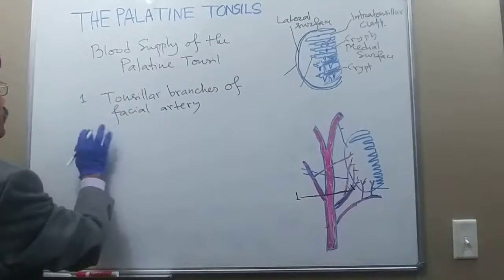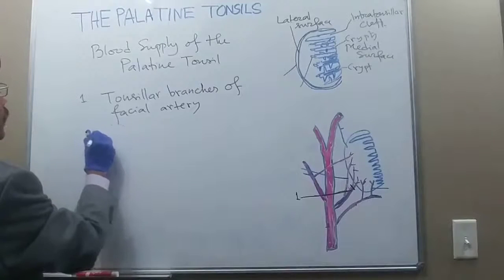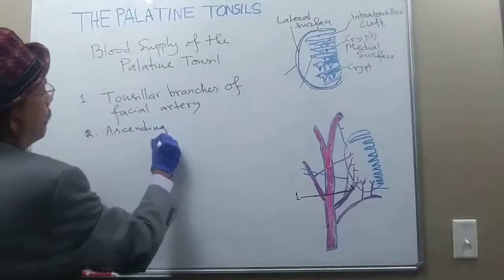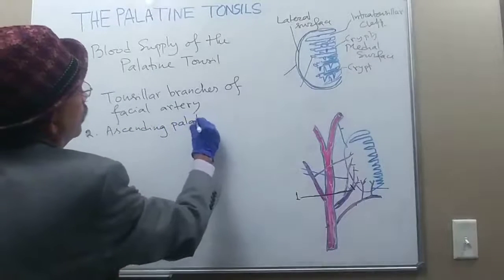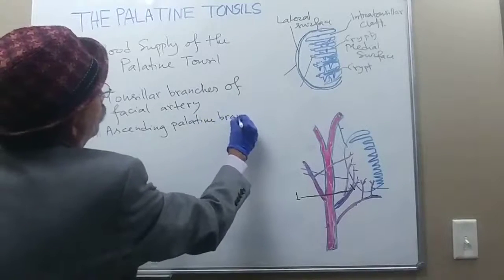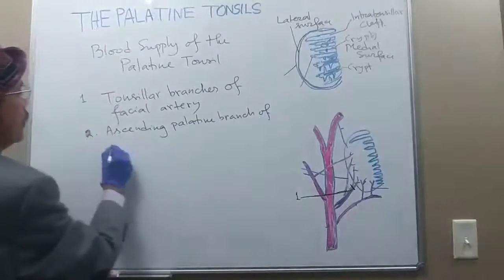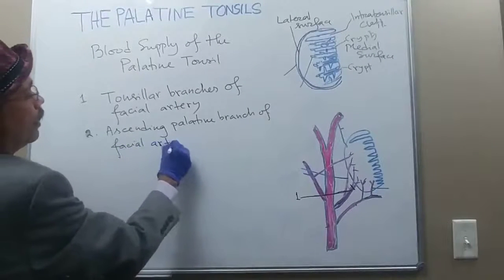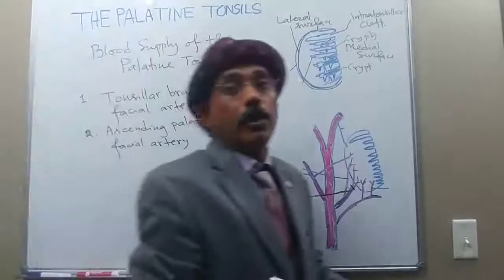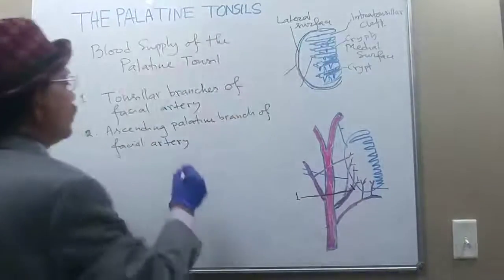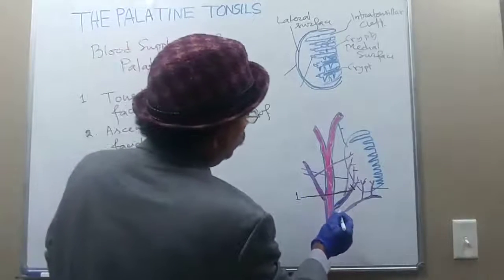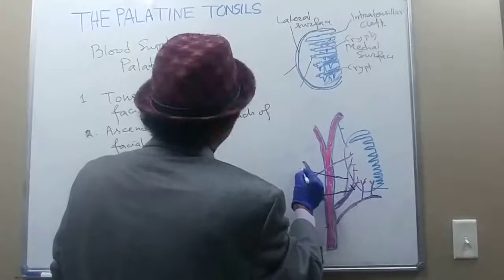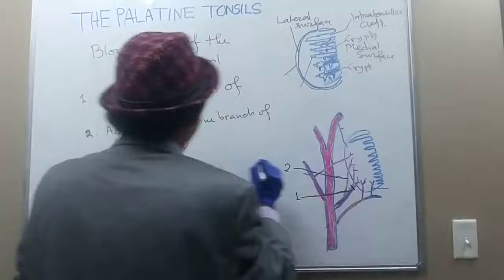Then we may get the ascending palatine branch of the facial artery. We know that the facial artery is a branch of the external carotid artery. This is the ascending palatine branch, you can put it as 2.